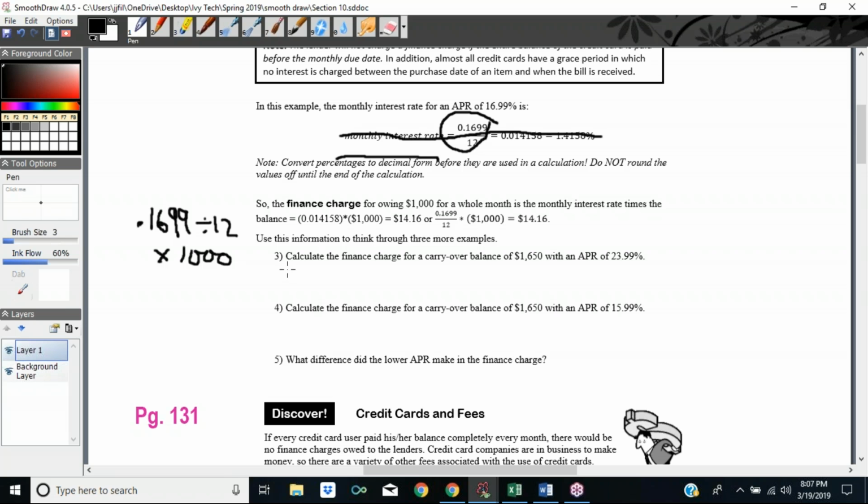So what we would do is we'd say finance charge equals 0.2399 divided by 12 times $1,650.